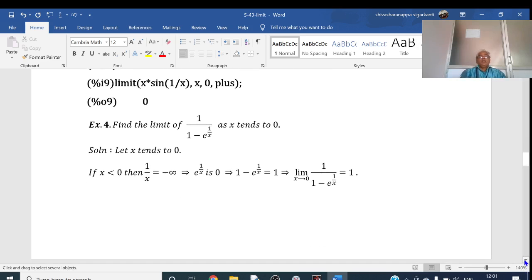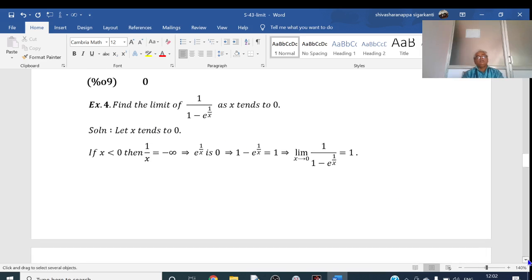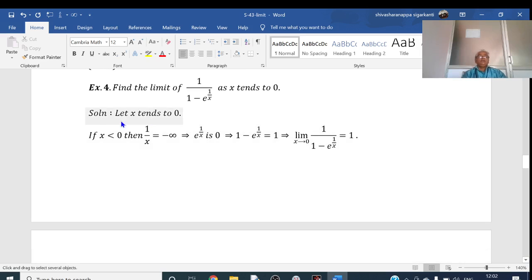Next example, find the limit of 1 by 1 minus e to the power 1 by x as x tends to 0. Suppose x is less than 0, x is a negative quantity, then 1 by x is equal to minus infinity.